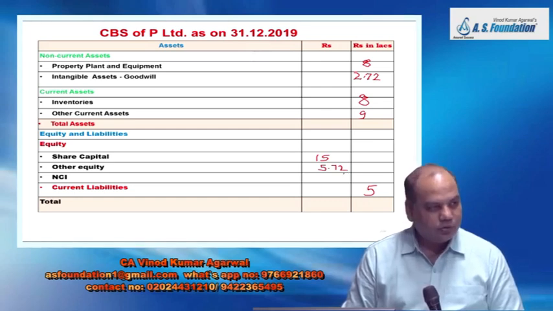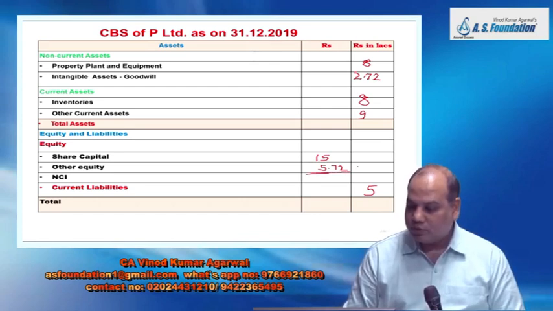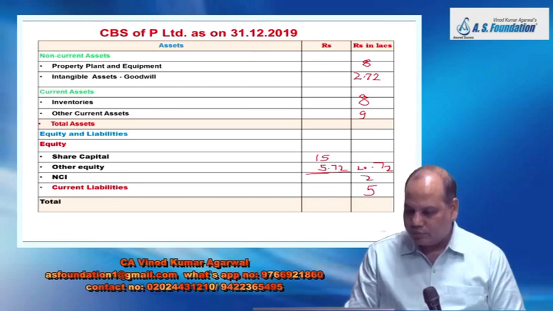Is it 5.72? Total of these two is how much? And how much is NCI? 2.